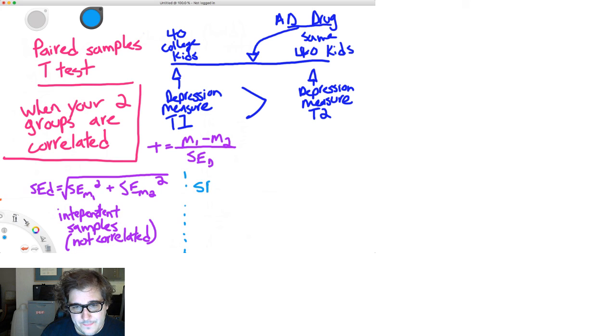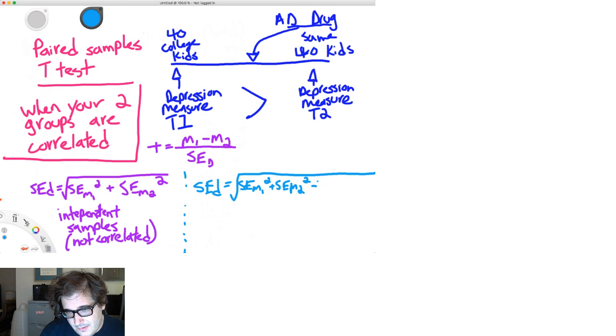So the SED is the same as it was before: SEM 1 squared plus SEM 2 squared, minus 2 times R, your correlation coefficient, times SEM 1 times SEM 2.